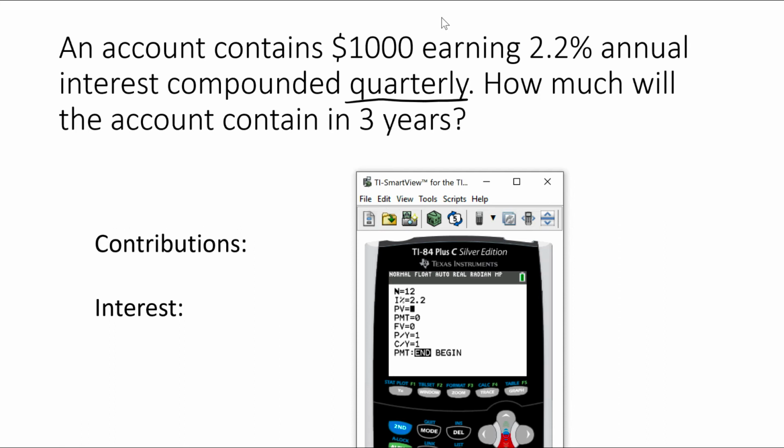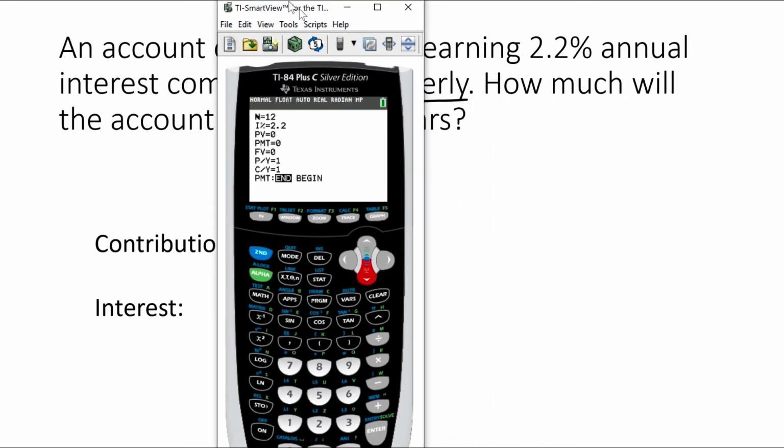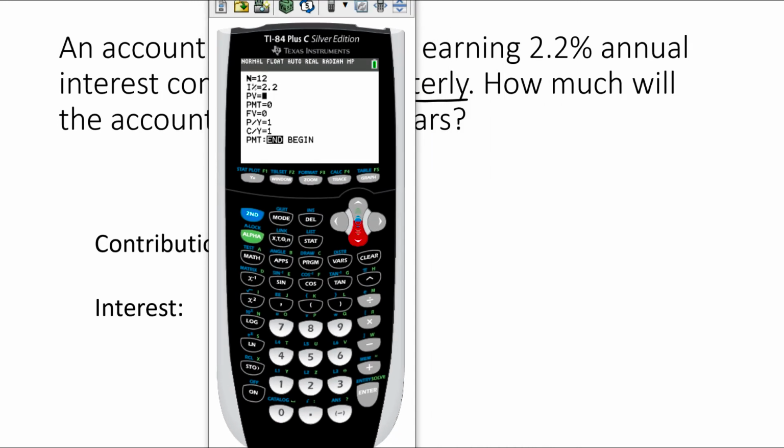Now, this is a little bit confusing because when you put money into the bank, that's actually negative. It's still your money, but really you are loaning it to a bank. So that is actually negative. You're moving it from your possession into the bank's possession. So in this case, that $1,000 in this account is going to be a negative $1,000. So negative $1,000 because that is moving from the person who owns the account to the bank.